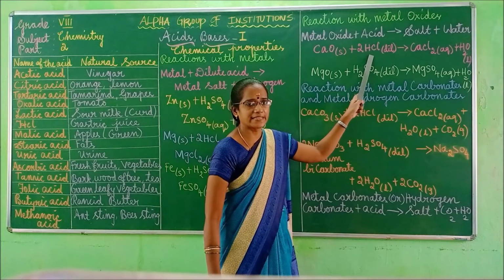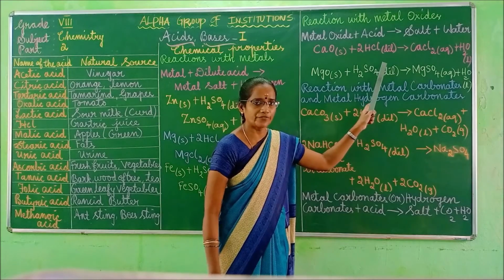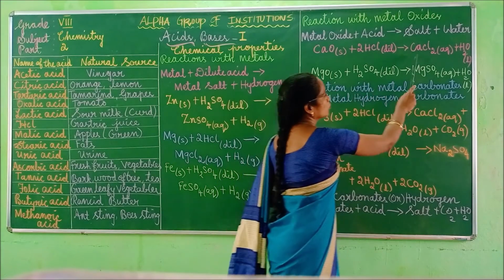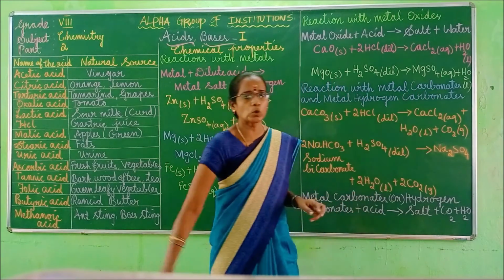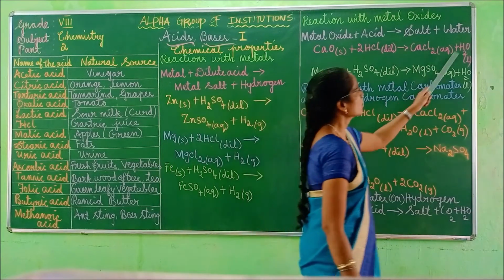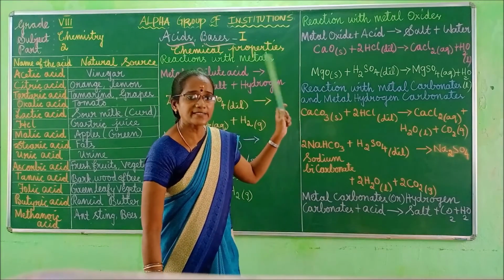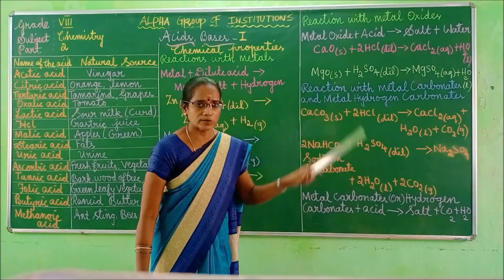CaO plus HCl, hydrochloric acid, also in the diluted form. Both react to produce the salt calcium chloride. CaCl2 is calcium chloride salt, plus water is formed. This is the reaction of acids with metal oxides.